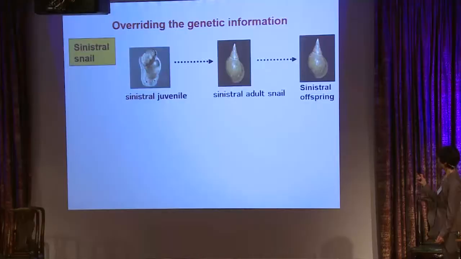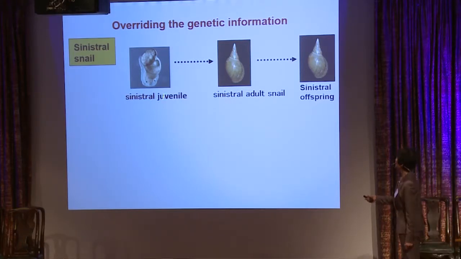Why? Oh, also, before we say why, I just let you know, normally, a sinister snail becomes a juvenile snail, an adult snail, then it becomes sinister, and it produces sinister offspring. What happened to this one? I just pushed it mechanically.